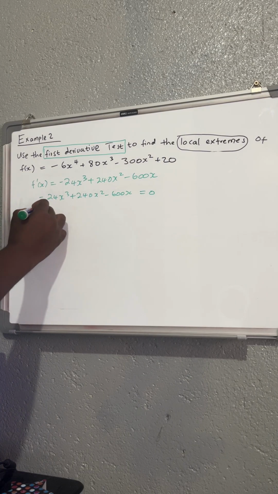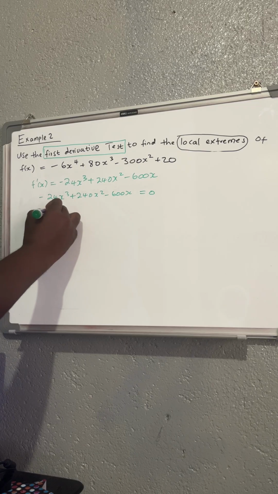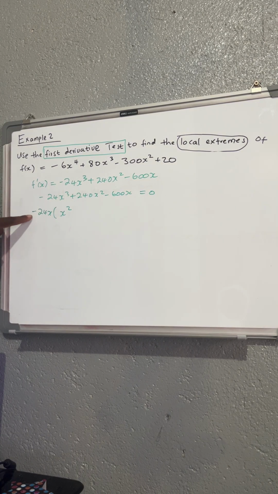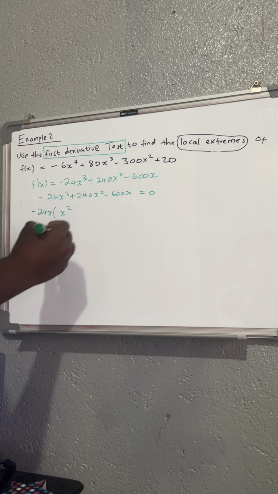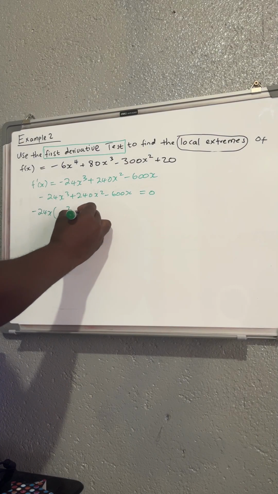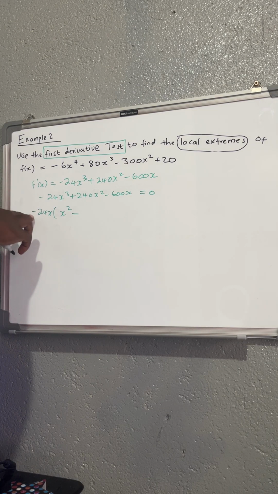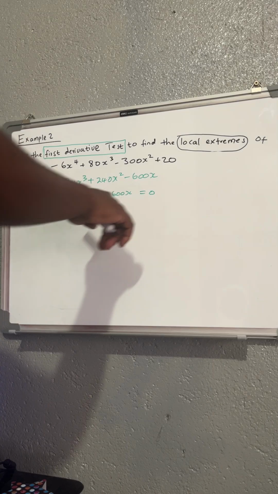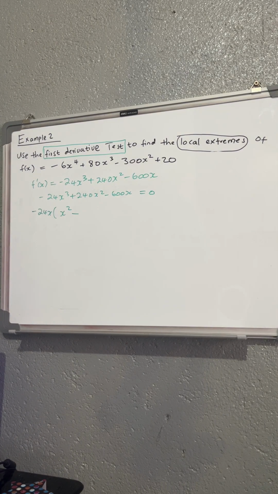So we're going to say we have minus 24x into x squared. The reason I'm taking a negative is that I want to be left with a positive. You see? The sign is going to change. It's going to be negative, because if we're multiplying this backward, it should give us whatever we had here. So you just have to be careful with that one.